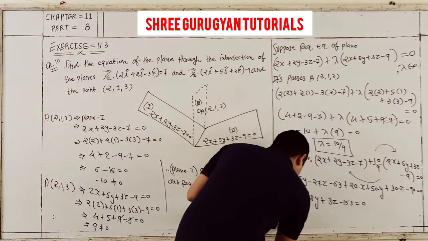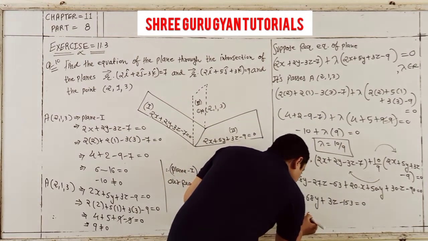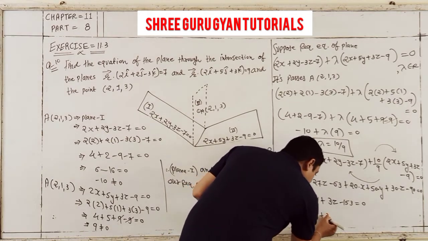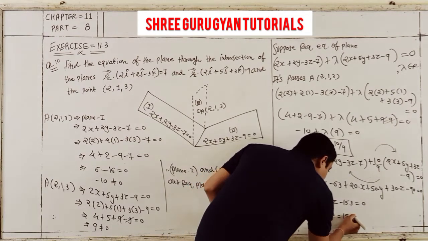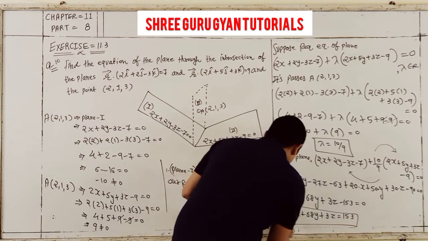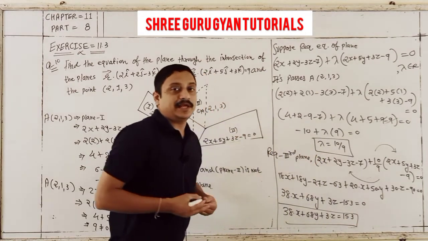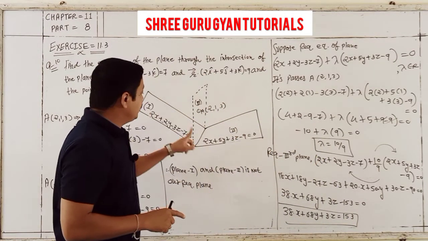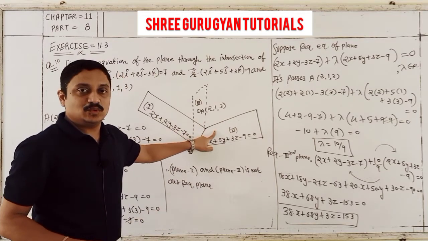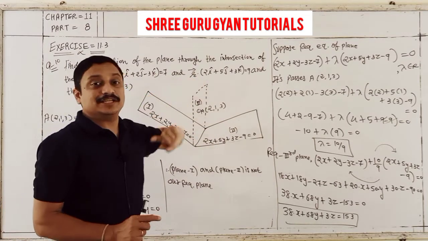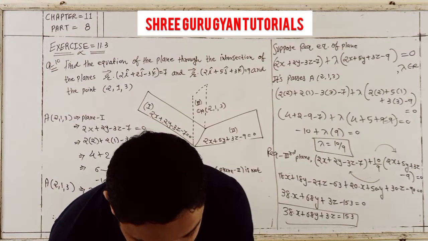So that's your required plane, 38x plus 68y plus 30z is equal to 153, and that's, students, your answer: the plane through the intersection of plane 1 and plane 2, passing through 2, 1, 3.